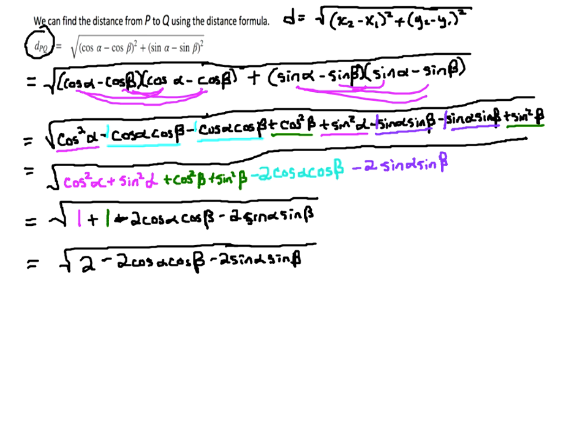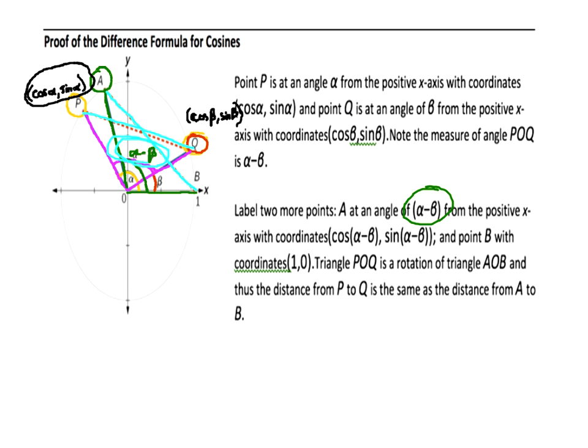All right, so I'm going to go to a clean page here and do the same thing for the distance from A to B. Because we know they're equal with the way we set up this premise, so when I get an expression for that distance, note the coordinates of this point are 1, 0, and the coordinates of this point we're going to call cosine of alpha minus beta.